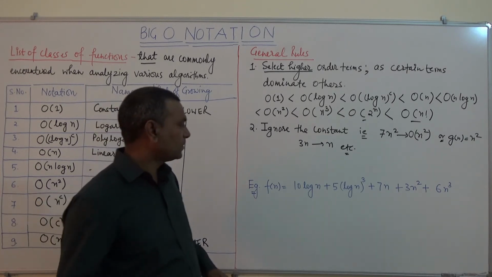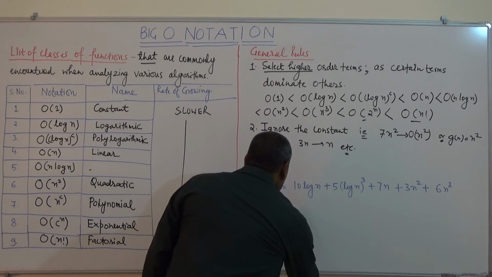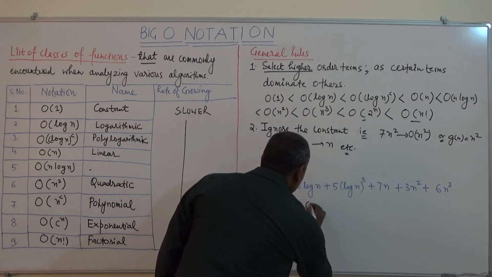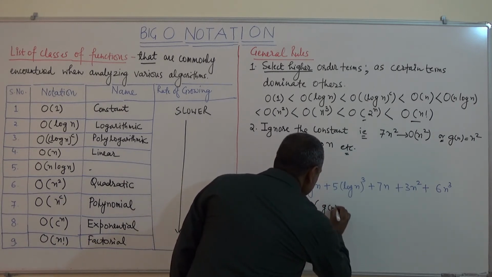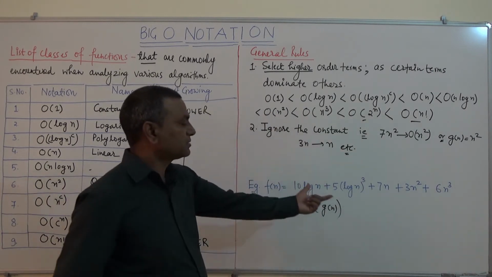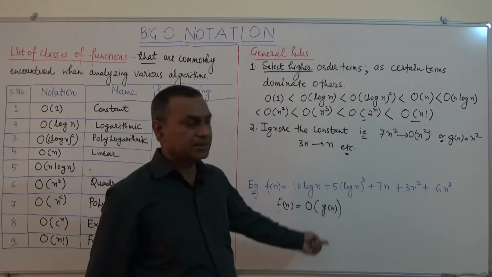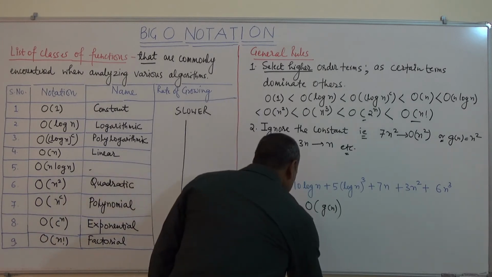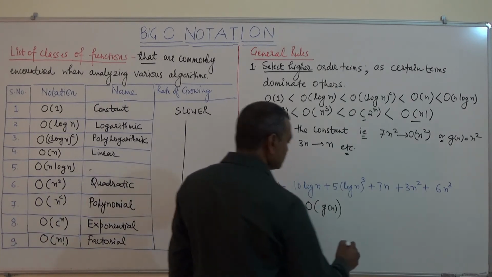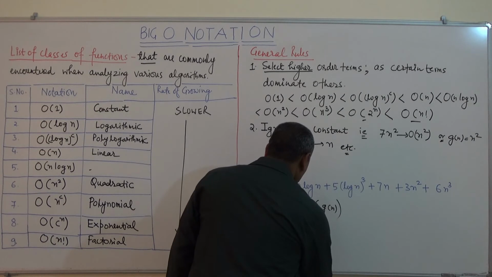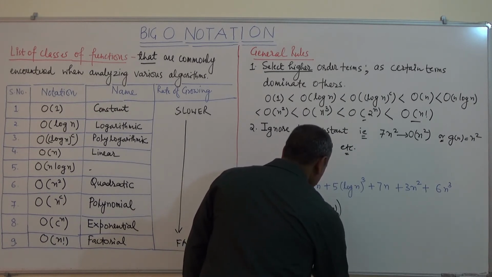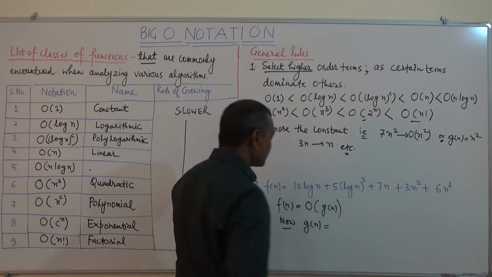So we know that fn is big O of Gn. So out of this we have to find the Gn. Now we will see the Gn from here.